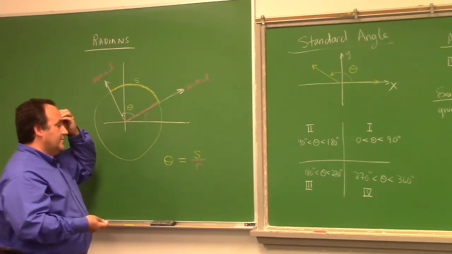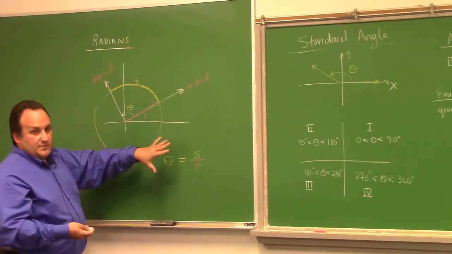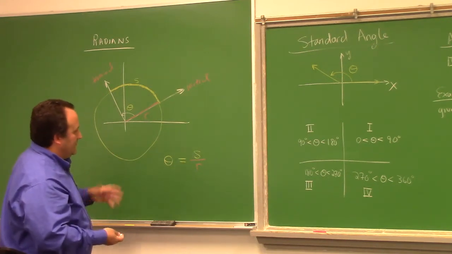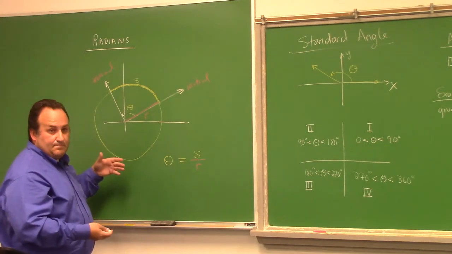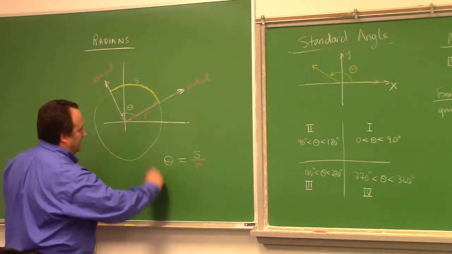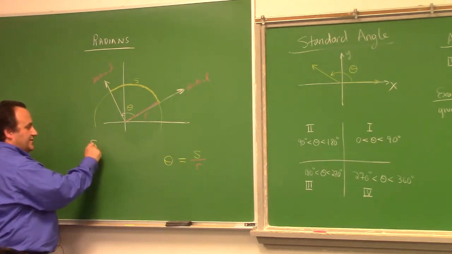So let's try to get a sense of radians. One of the things we know is, how many radians are there for a whole circle? Let me erase this here. The arc length for a whole circle is called the circumference.